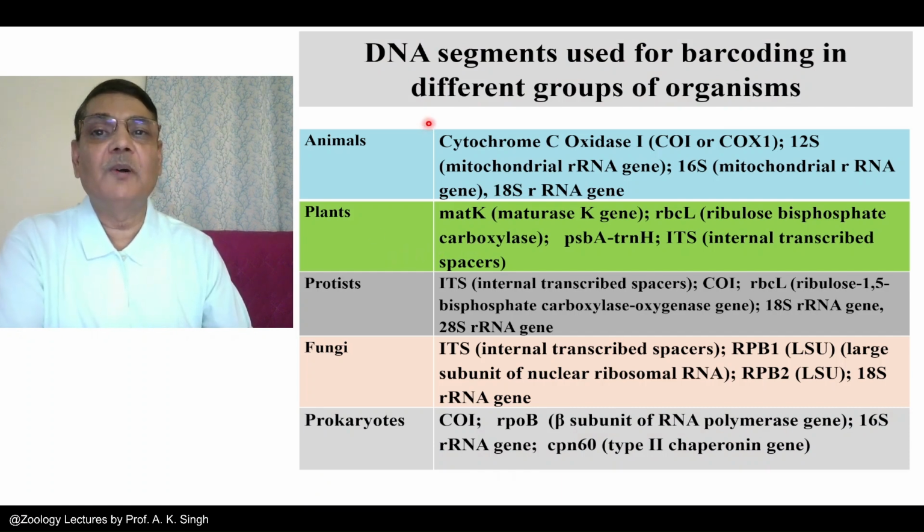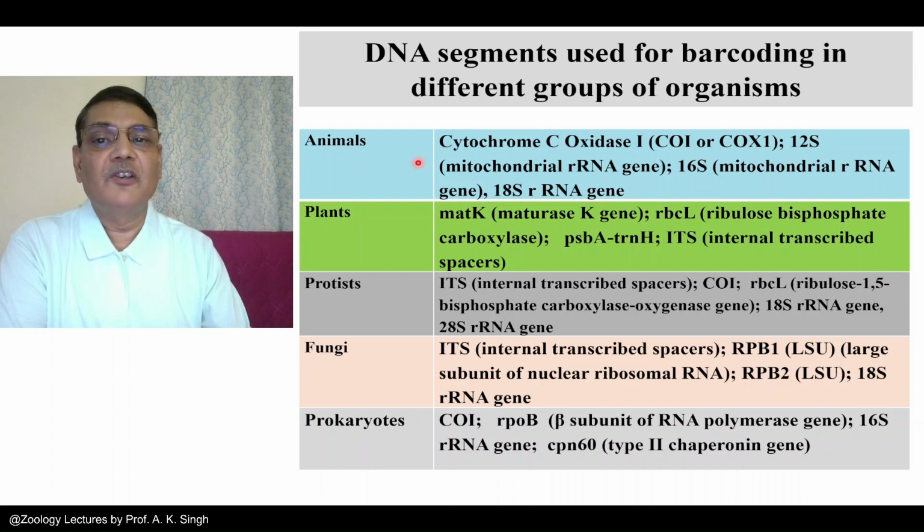It is of much importance because these DNA segments used for barcoding in different groups of organisms is shown in this table. Like in case of animals, the segment of DNA which is of taxonomic purpose could be cytochrome C oxidase 1. Then it is 12S mitochondrial ribosomal RNA gene, 16S mitochondrial ribosomal RNA gene, and 18S ribosomal RNA gene.